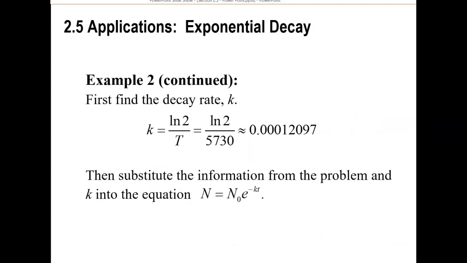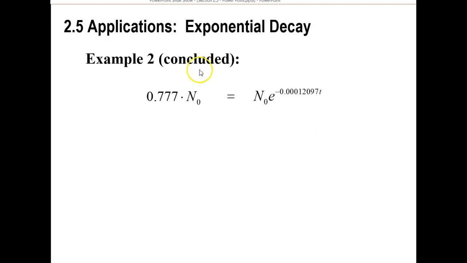So notice here, if we go back to that slide where they just put that number in, that's where this number came from, 0.777 times n naught. So in other words, if 22.3% has been lost or has decayed, it means that there's 77.7%, so that's the decimal form of 77.7% of the initial value. So 77.7% of initial value equals the initial value e to the negative kt power. They didn't really explain that on here, but you have to know where this number comes from.